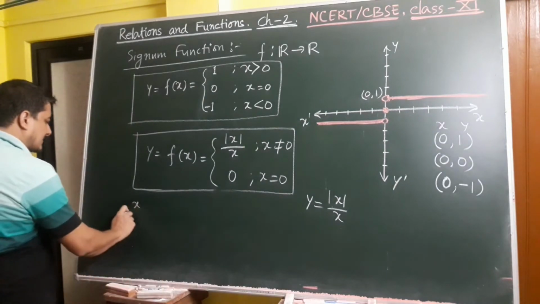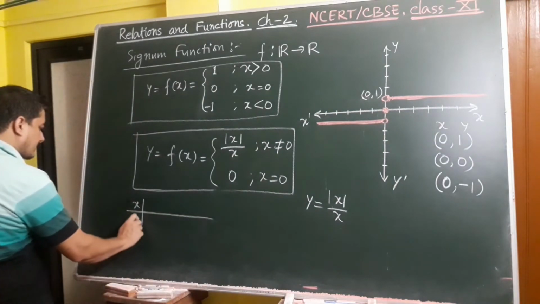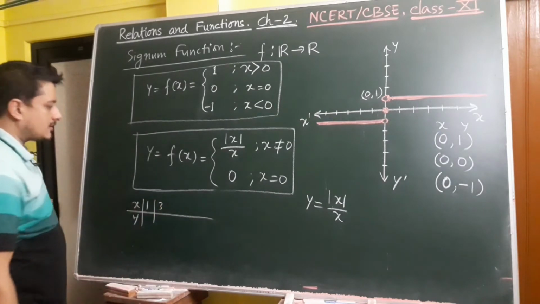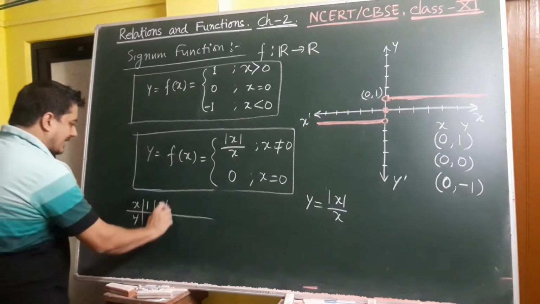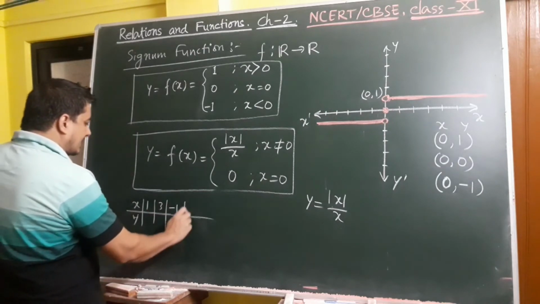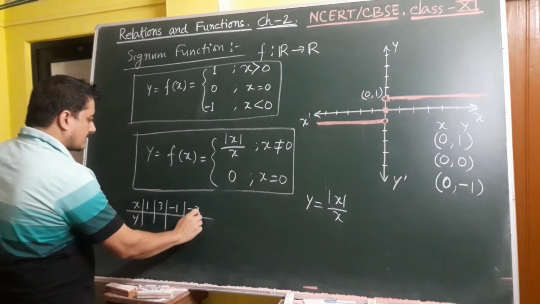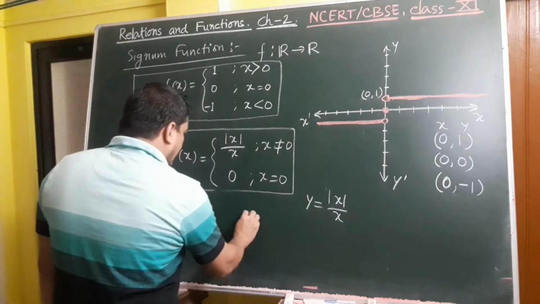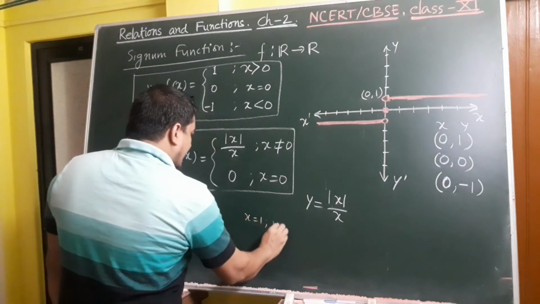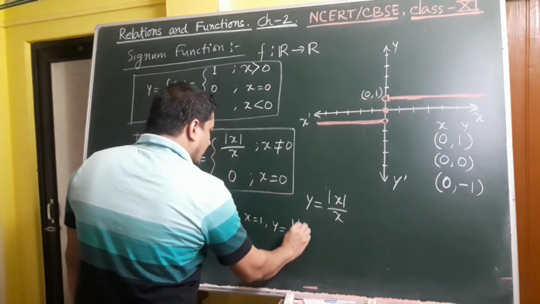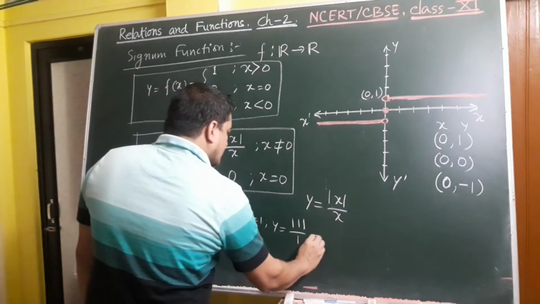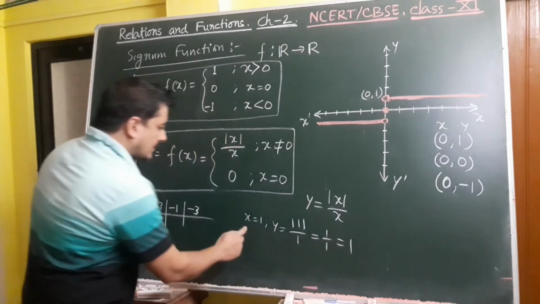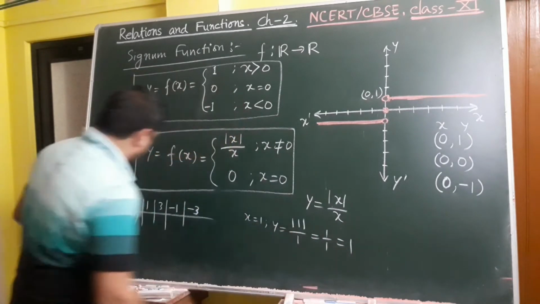Say x is equal to 1, and 3, 2 positive values I have taken, and I'll take 2 negative values, minus 1 and minus 3. First plus 1. If x is equal to 1, then y is mod of 1 by 1, which is 1 by 1, which is 1. So if x is 1, y is 1.